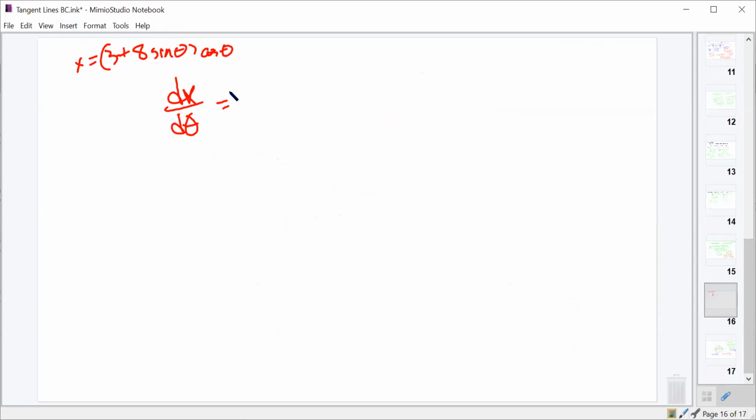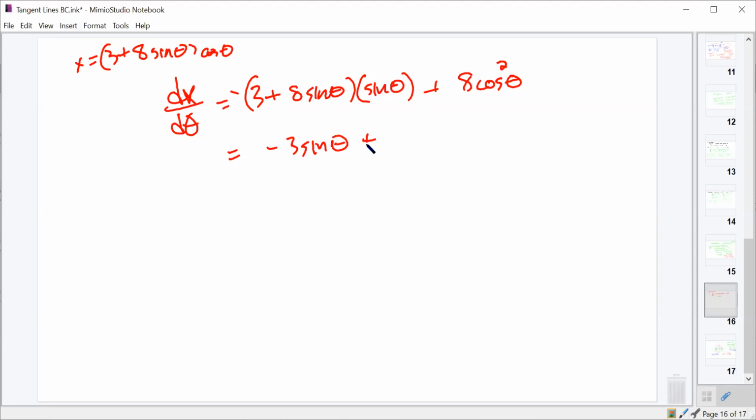So as we take the derivative of this, we should get 3 plus 8 sine theta times the derivative of cosine theta, which is negative sine theta, and then plus the derivative of 3 plus 8 sine theta, which is 8 cosine theta, times cosine theta, so cosine squared theta. And then we end up with this equals negative 3 sine theta plus 8 sine squared theta plus 8 cosine squared theta.